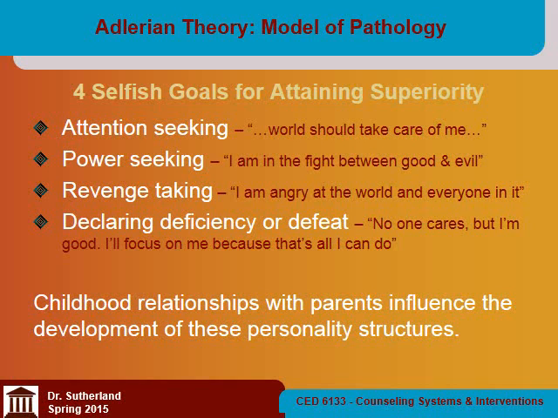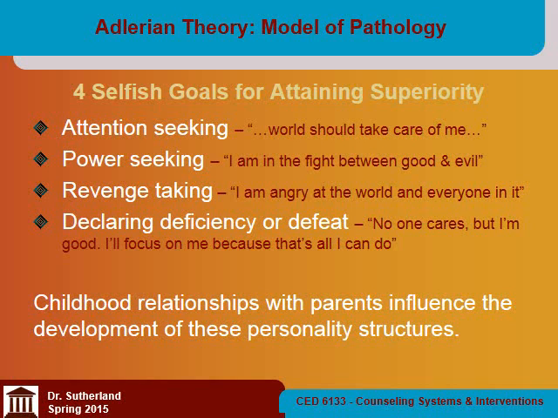And what that means is that the focus of the individual is purely on the self, with no development of social interest having occurred during childhood and being engaged in adulthood as well. As such, the striving for superiority occurs outside of the social interest realm. And as such, we have the four selfish goals of attaining superiority.